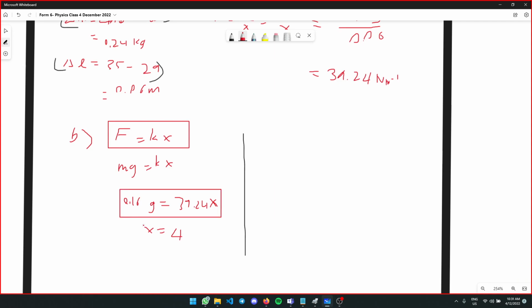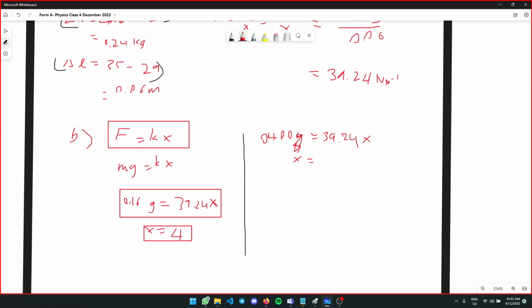You get this value, you get this x, if you use the first one. Do it for the other string also. Let's say the other string is 400, right? 400g equals to 39.24 x. Okay, x equals to, oh sorry, actually it's 0.4, SI unit, right?